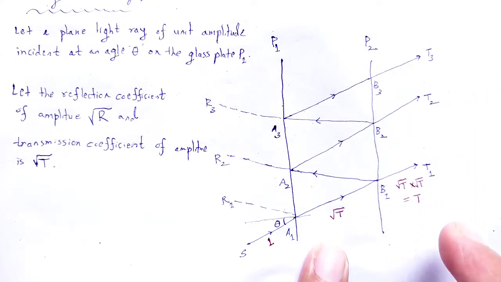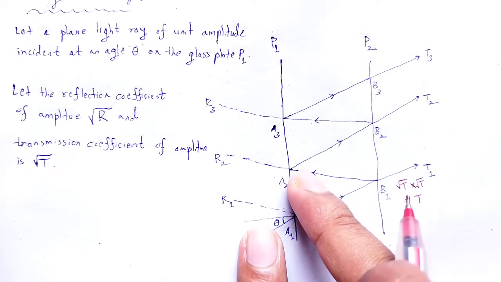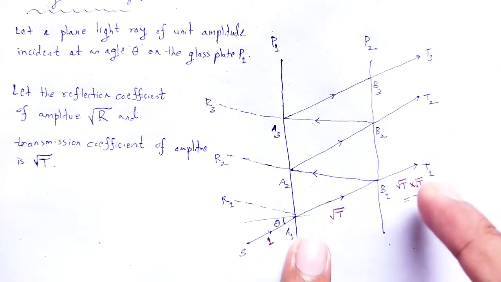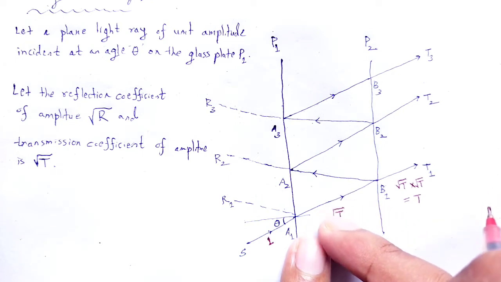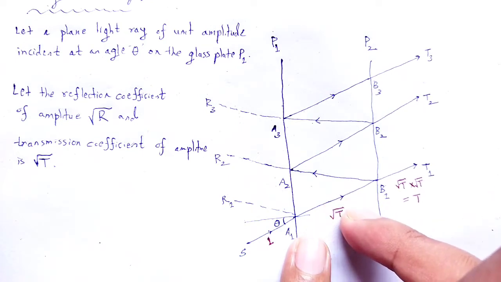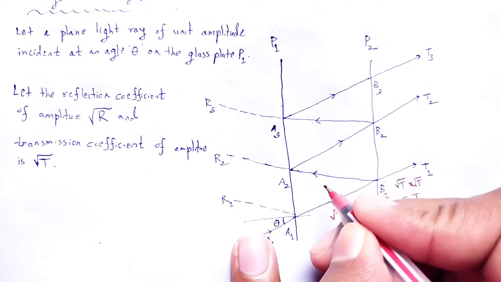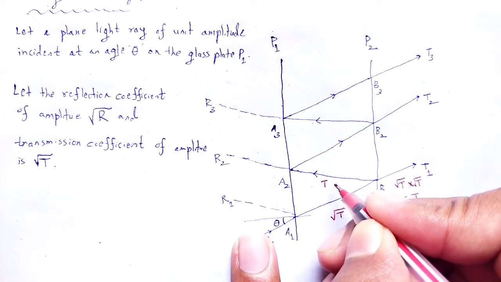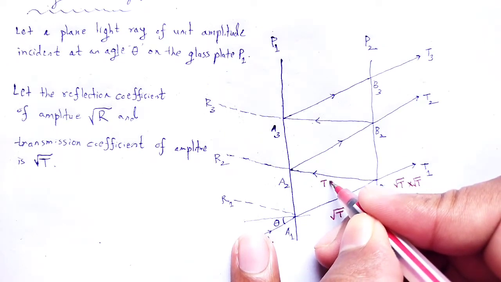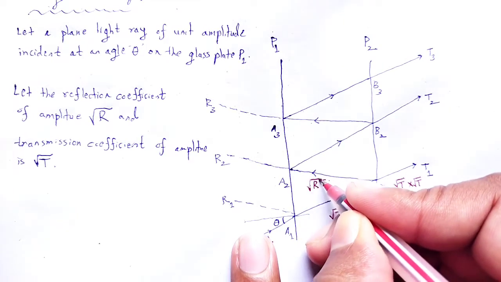In this way, the amplitude of ray B1A2 is root T into root R, that is root of RT.